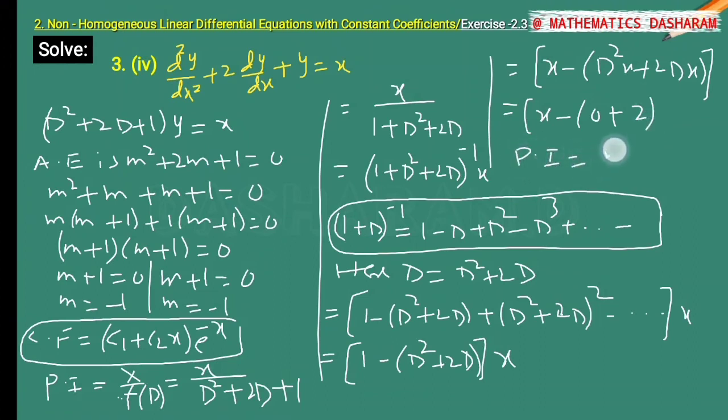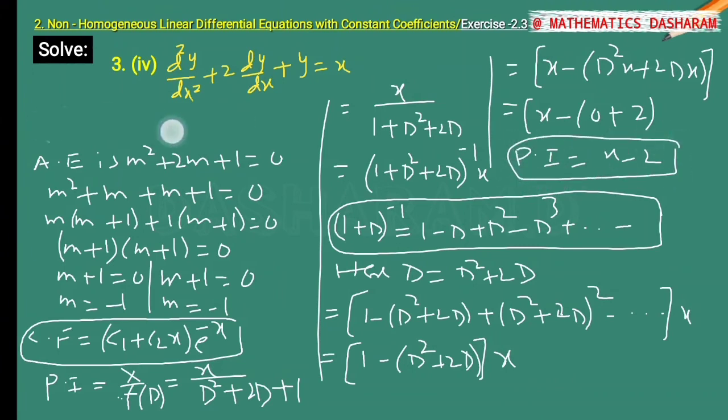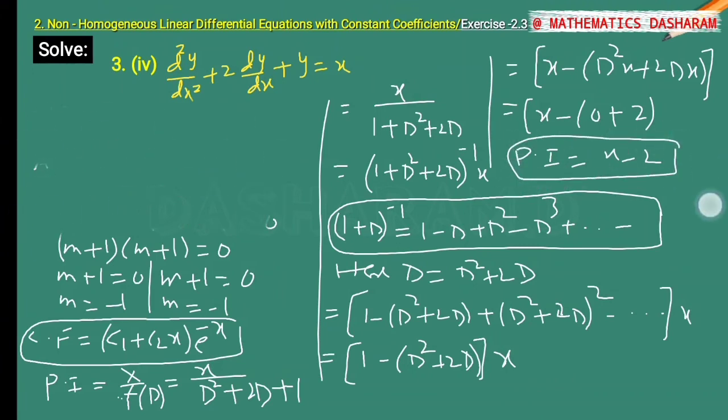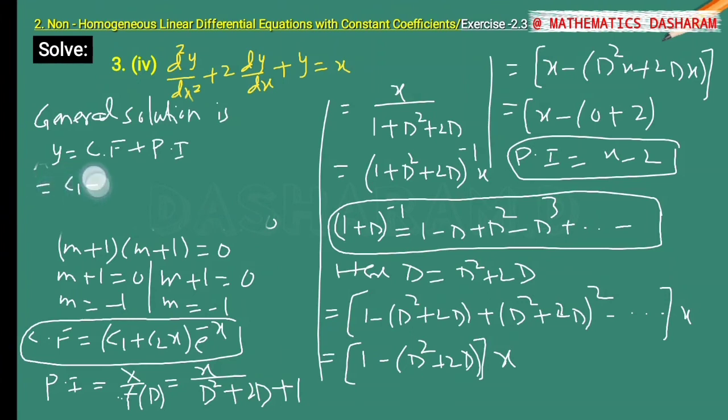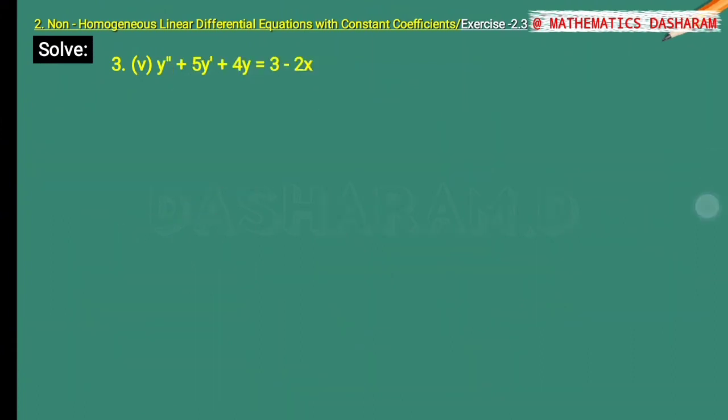So then the particular integral is x minus 2. So now the general solution is complementary function plus particular integral, that is c1 plus c2 into x, e to the power of minus x, plus particular integral x minus 2. That is our required answer.